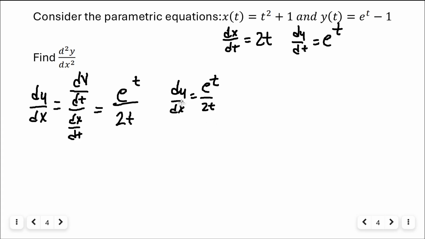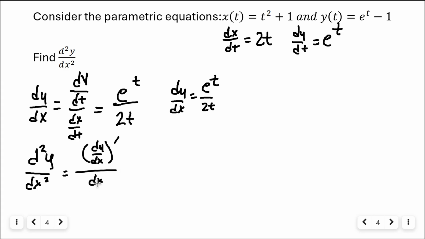Now I want to find the derivative of dy/dx, so I want to find the second derivative. The second derivative of y with respect to x is dy/dx's derivative with respect to t divided by dx/dt, which is the correction factor.